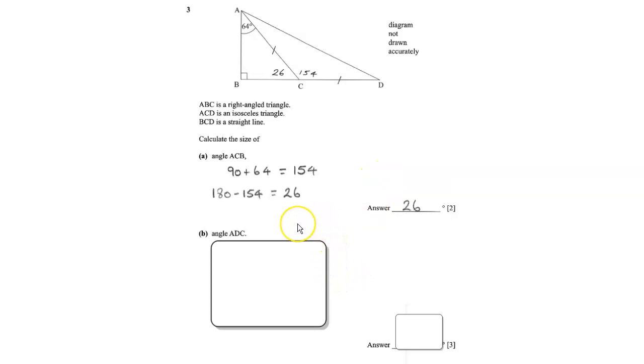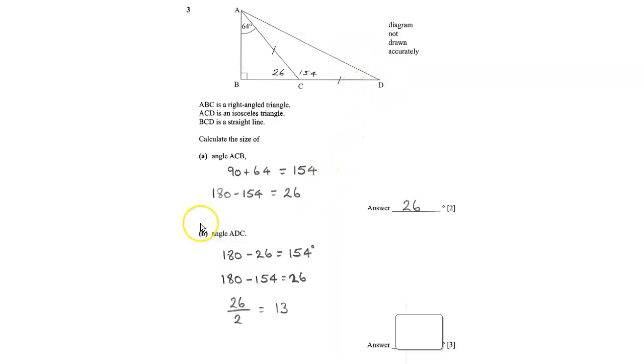Next one is angle ADC. So for ADC, we have to work out this angle here. To work out that angle, we do 180 take away 26 equals 154. Now this is because it's a straight line here, and on a straight line these 2 angles would add up to 180. So this was a missing angle here.